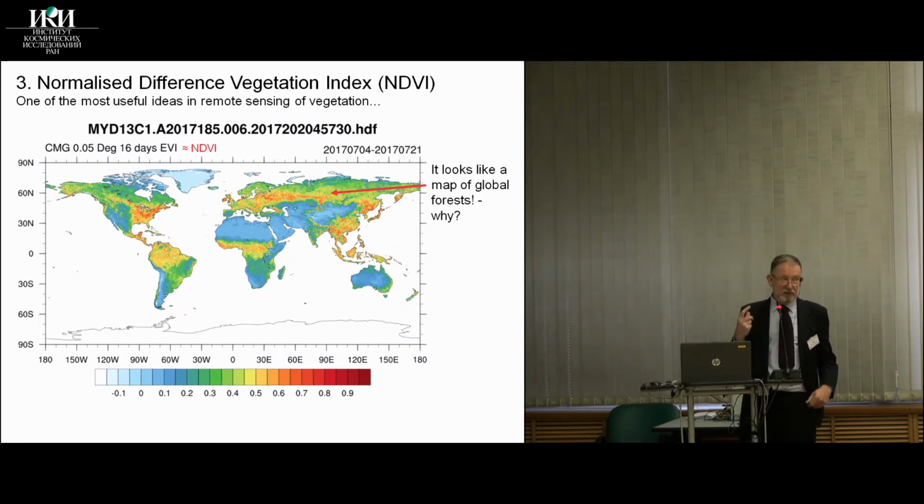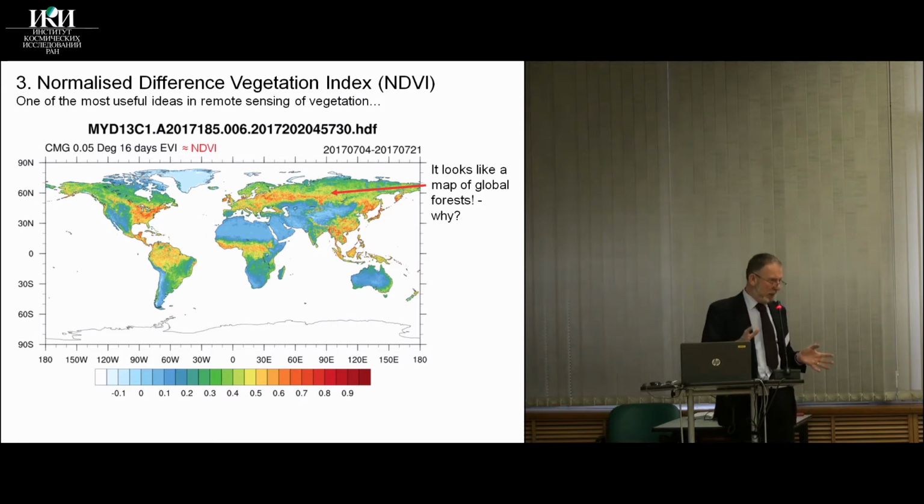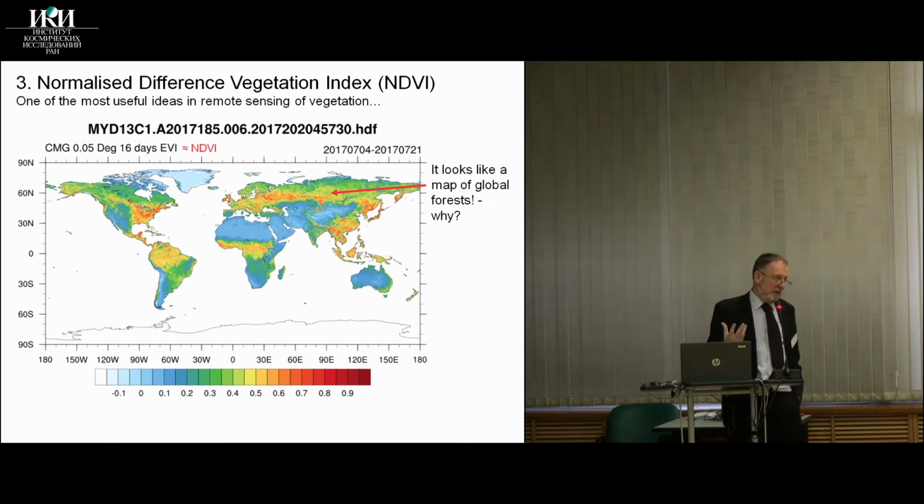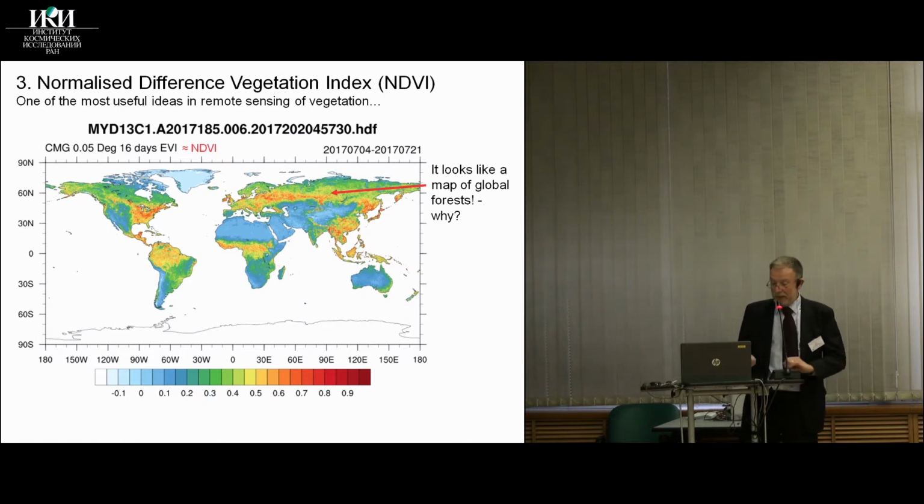It's a 16-day composite, so it's an almost snapshot covering half a month. It shows something which is in fact not exactly the NDVI, it's called the EVI, which is another vegetation index very similar in context to the NDVI. You see the color scale along the bottom, and it's fairly clear that what we're looking at here looks a lot like a map of global forest. So why is that?